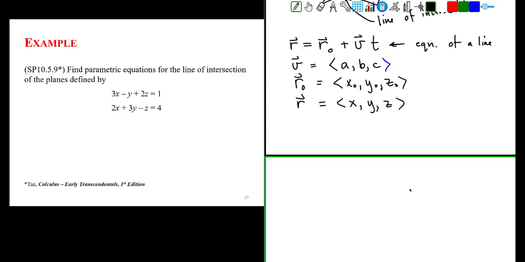Therefore, we could have a parametric set of equations with these vectors given as x equals x naught plus at for the x coordinate, y is equal to y naught plus bt, and z is equal to z naught plus ct.